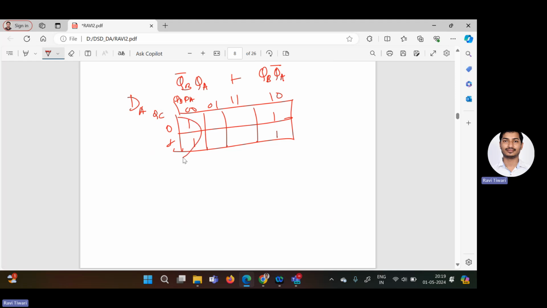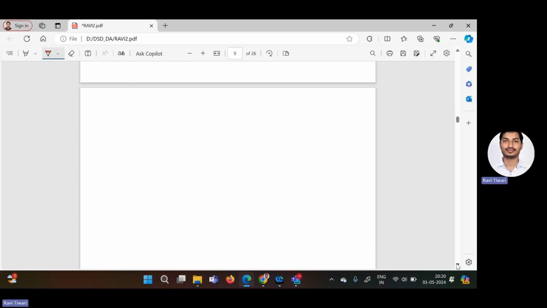Now we can make a quad here. That means a combination of 4 ones, and the expression of DA here is cancelled. Here 0 0 only is left, that is QA bar. So now we have all the expressions. I am writing it once again, and then we will make the circuit diagram.